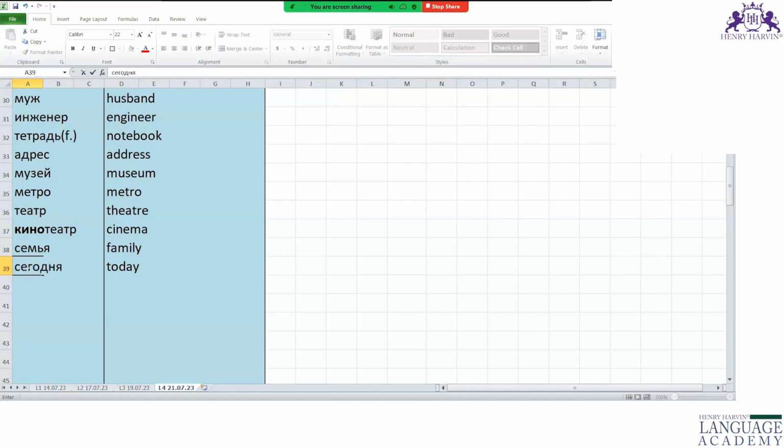In the word сегодня, please select these two letters, because the word сегодня is pronounced exceptionally. We write го, but we pronounce во. It is very similar to the word его, his. We had the same last lesson. When го, we pronounce in this word as во: его, сегодня, today.